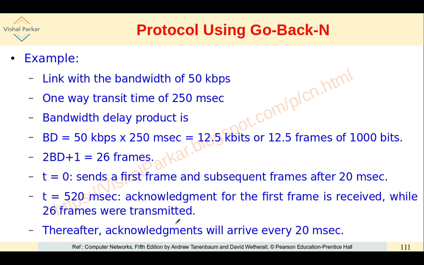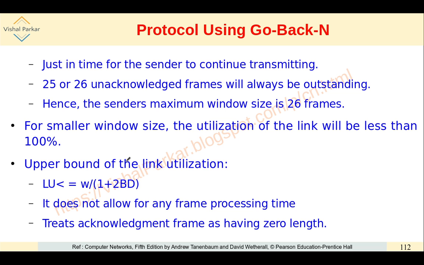In short, the sender is not waiting for receiving the acknowledgement here. It is not wasting the bandwidth. This is how, whenever W is made equal to 2BD plus 1, the bandwidth utilization is optimum. Now, here the 26 unacknowledged frames will always be outstanding in any case.